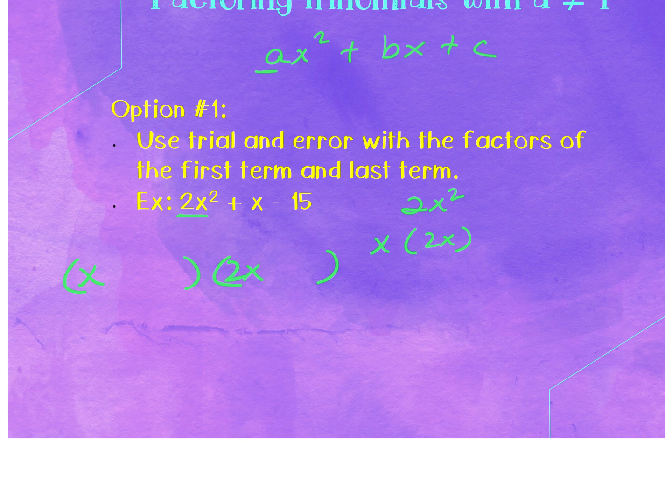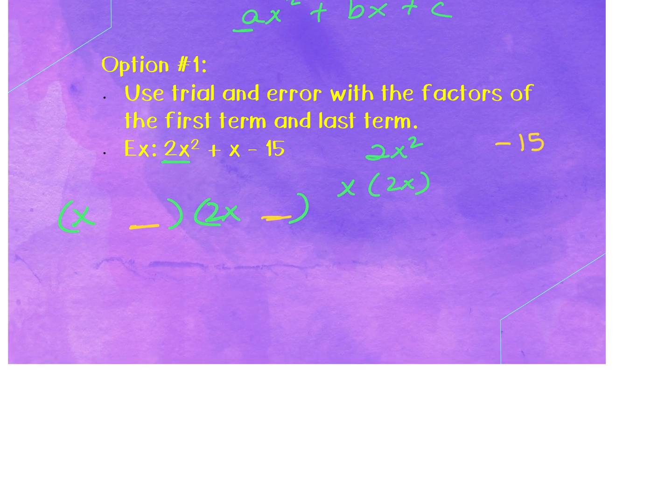Then I have to start listing all of the factors of negative 15 that are going to go right here in this spot. And again, you're just going to start trial and error by plugging them in. So in order to multiply to get a negative 15, I'm either going to do positive 1 times negative 15 or negative 1 times positive 15 or positive 3 times negative 5 or negative 3 times positive 5.